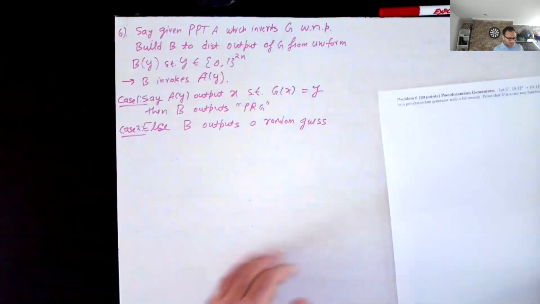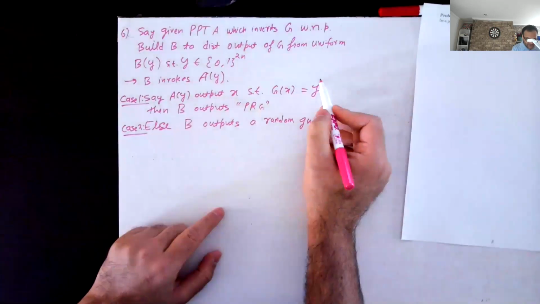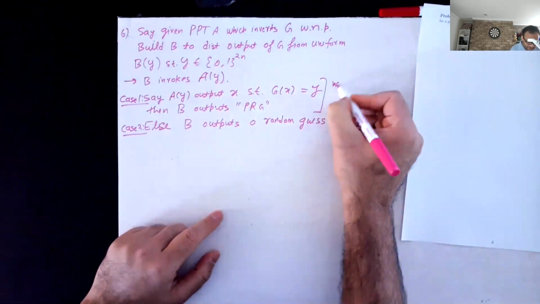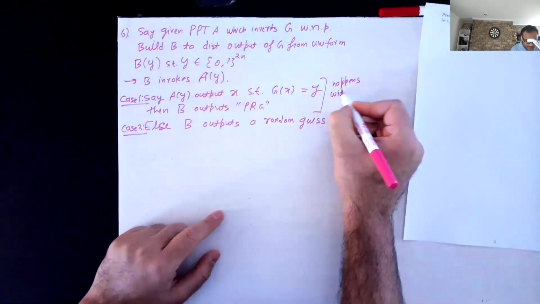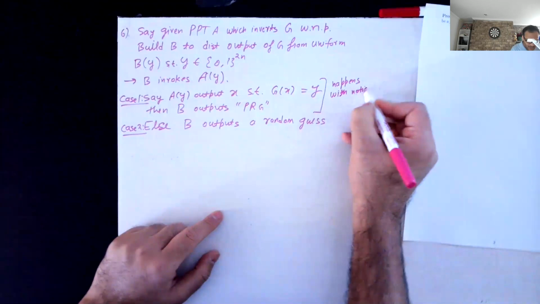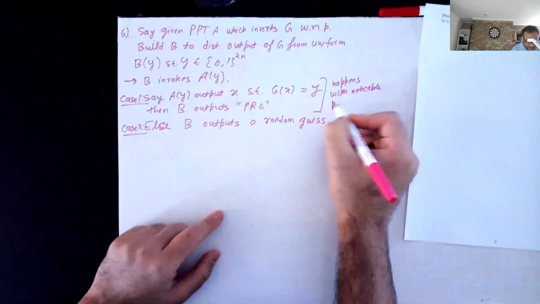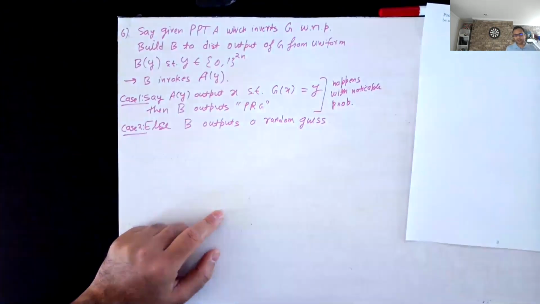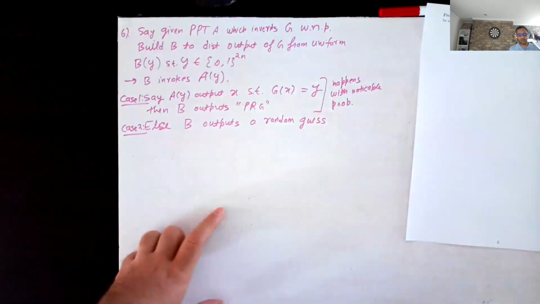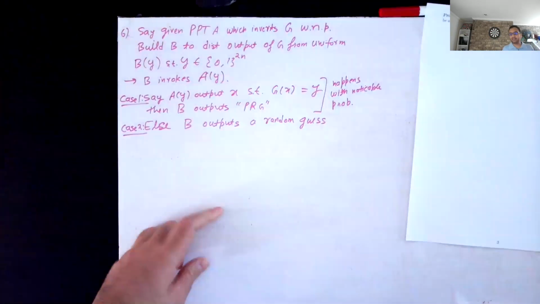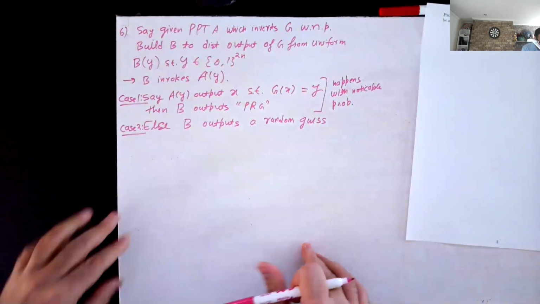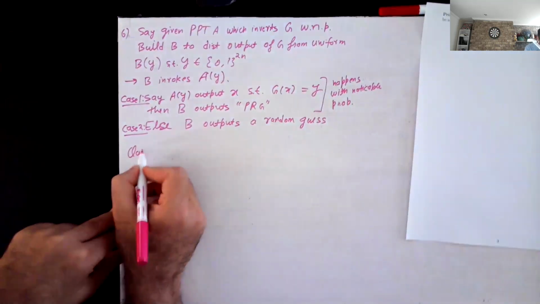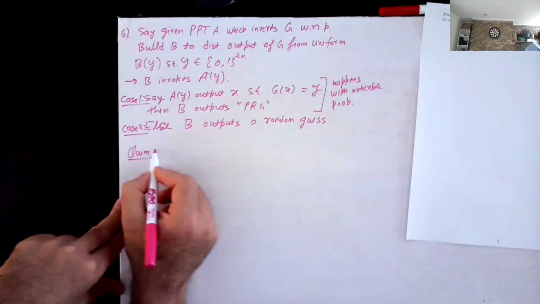Now we are given that case 1 happens with noticeable probability. Why? Because the adversary A does indeed invert with noticeable probability. And now my claim is, this claim will essentially complete the proof.